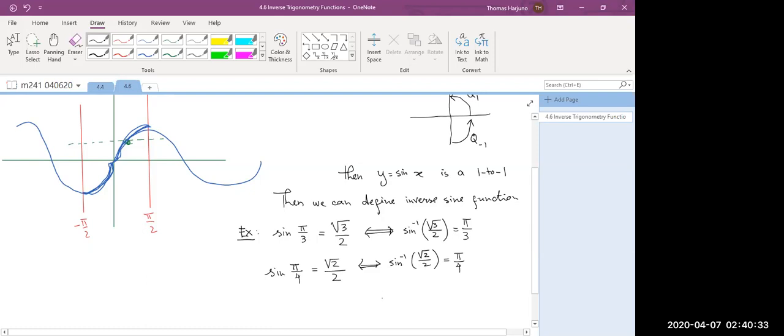Now, with that said then, what is sine inverse of 1/2? What is the angle such that sine of that angle is 1/2?